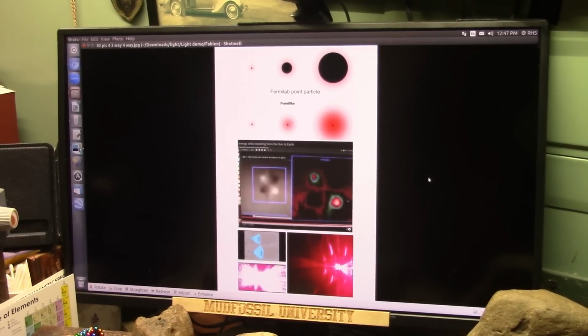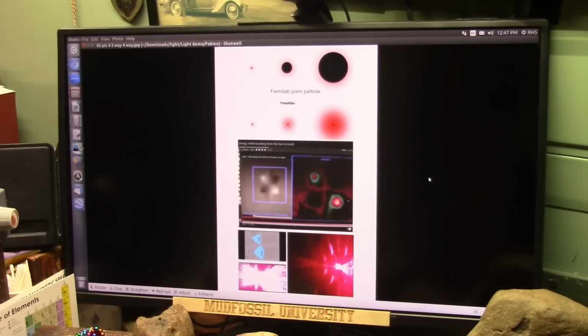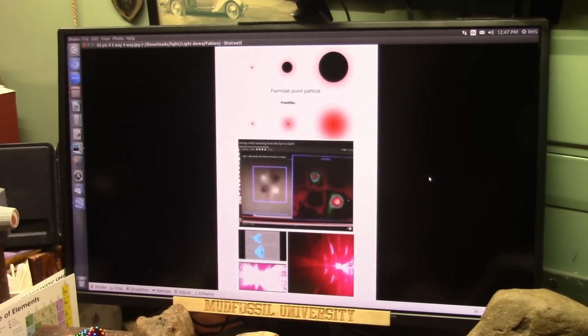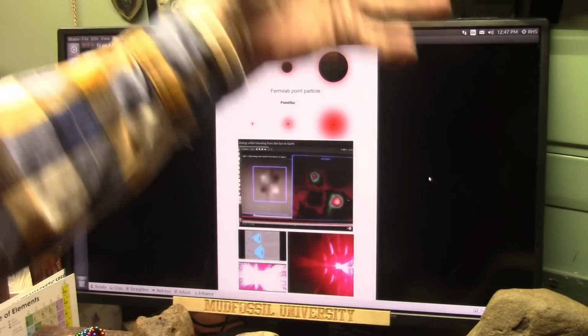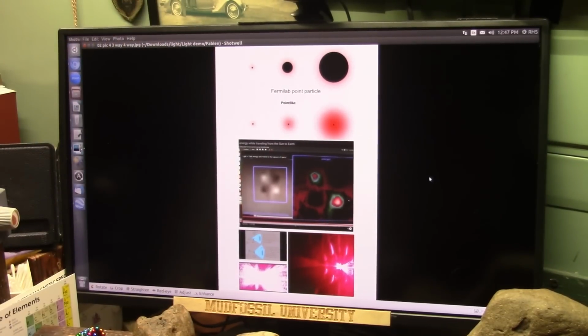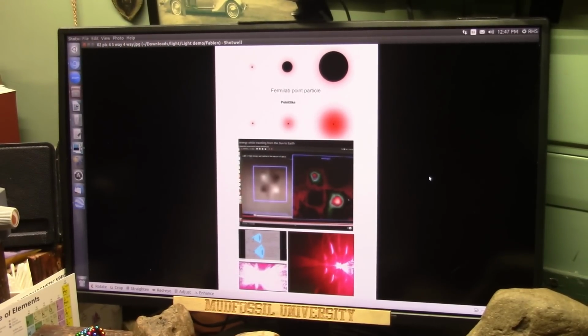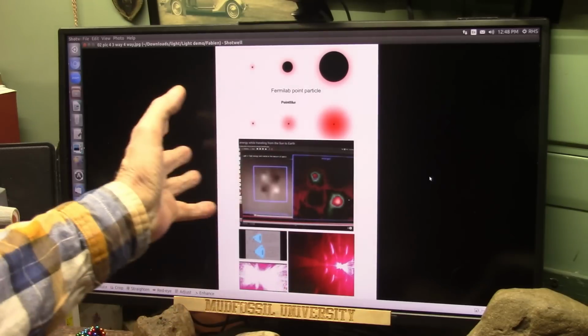Mudfossil University right now is the premier school in the world. It's free. You keep looking, keep looking, keep looking. And then go on your own and say, oh, could this be right? Could this be right? And then start looking up, start thinking, start doing experiments. It's cheap to do this stuff. This is not monumental tasks. This was done with a cell phone and a couple of cheap lasers.